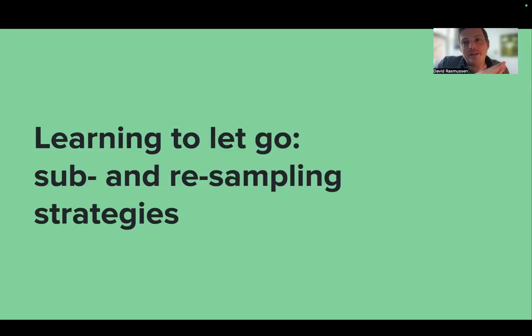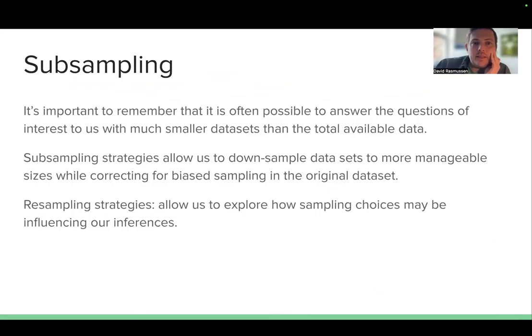But what I'm going to argue in the last part of this lecture is that oftentimes it makes sense to subsample from larger sequence data sets. And also, by subsampling or resampling from these larger data sets, we can learn a little bit about how our inferences might have changed if we had sampled in different ways, right?